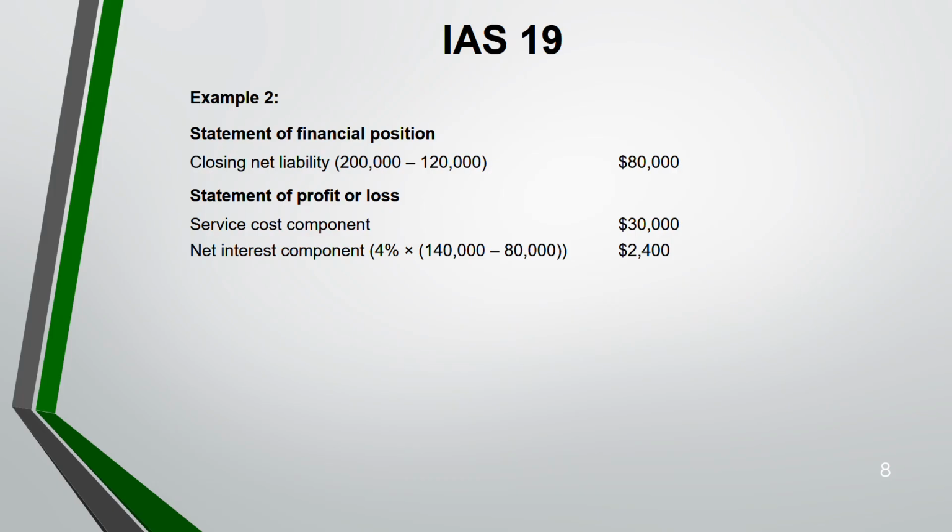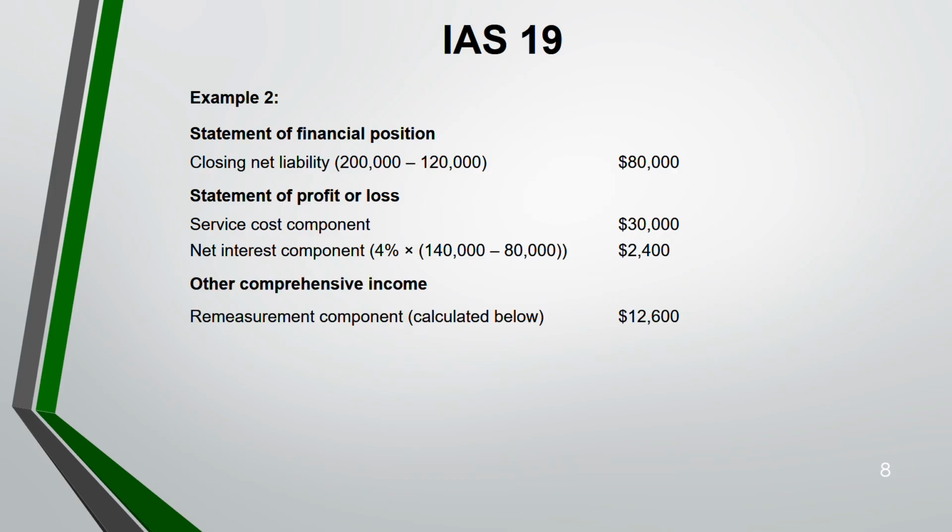Fair value of plan asset was 80 in the beginning and 120 at the end. Net interest component you have to find on the opening balance, the closing balance will not be used. So your present value of obligation is 140, fair value of plan asset 80. The difference, 140 minus 80, and you have to apply 4% interest. That is 2,400 that will go.